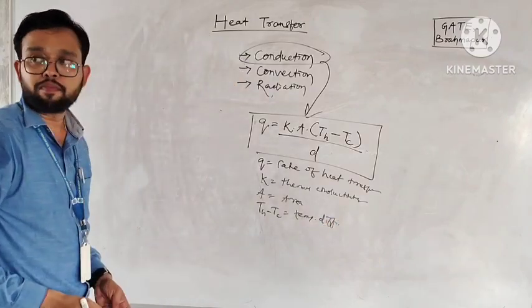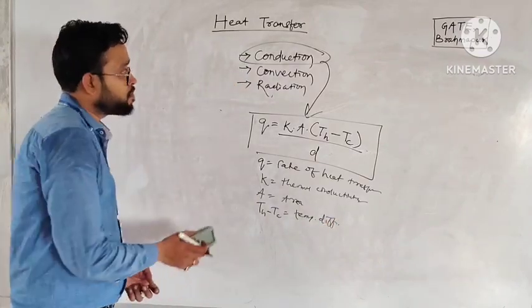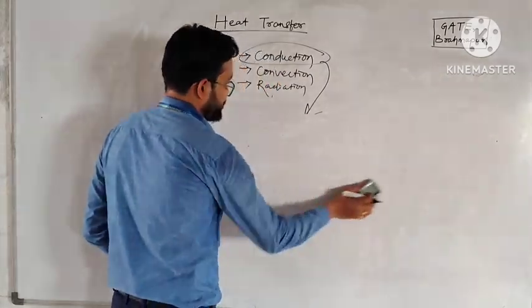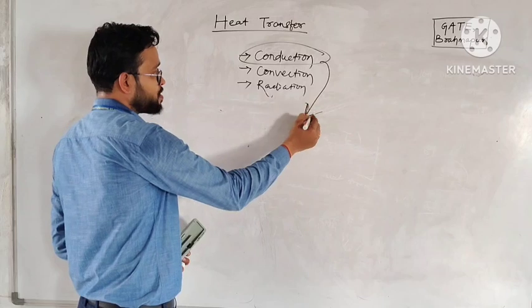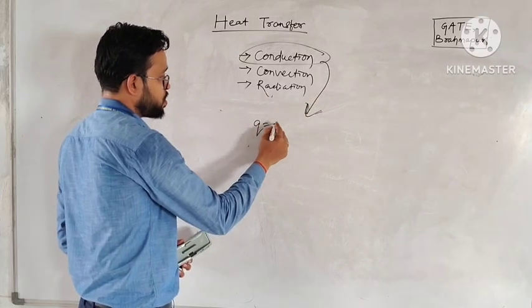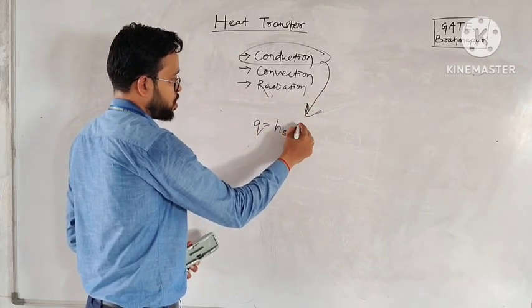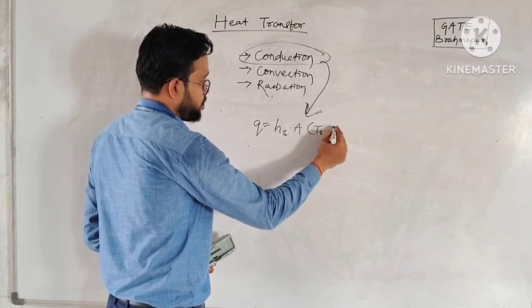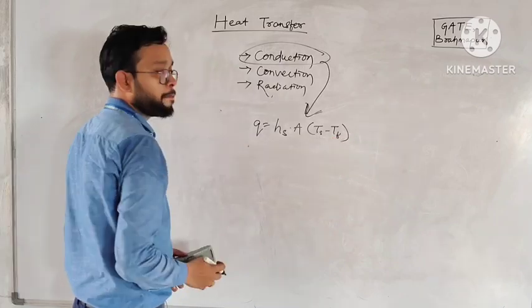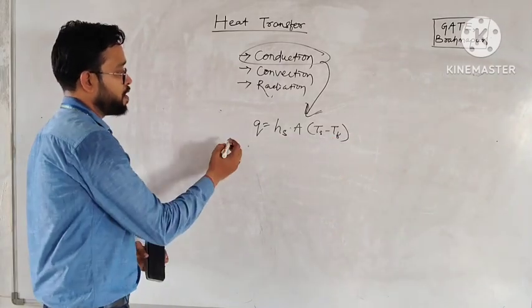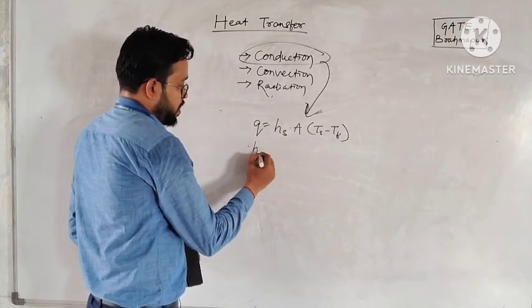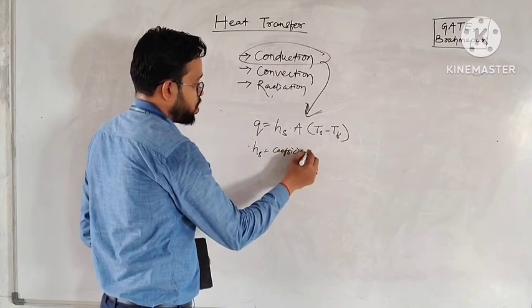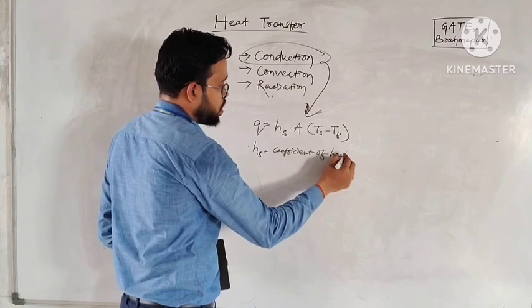Similarly, in heat convection, the rate of heat convection can be found out from this formula. Here h is the coefficient of heat convection.